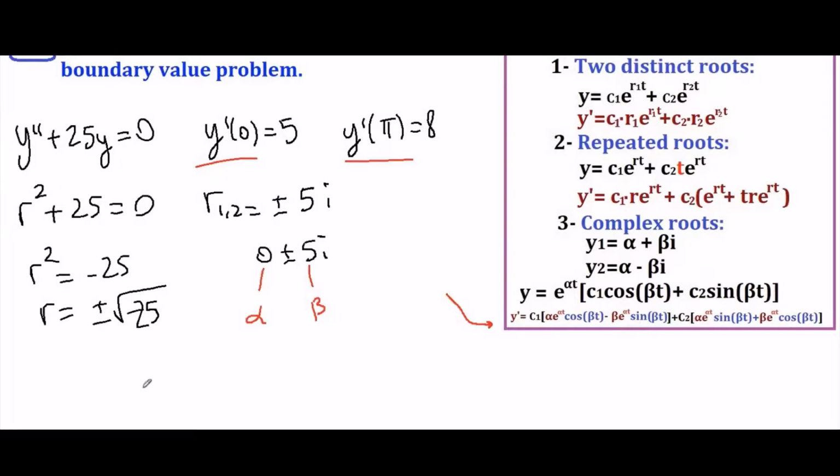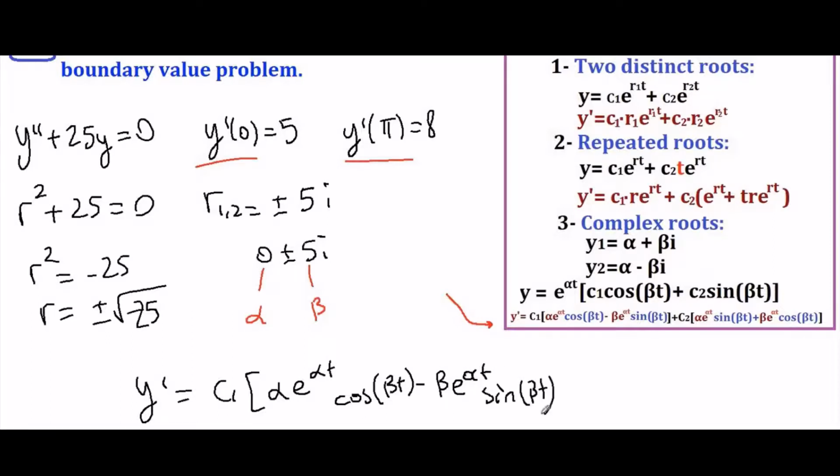Our y prime function is y prime equals c1 times alpha e to the alpha t times cosine of beta t minus beta e to the alpha t sine of beta t, plus c2 alpha e to the alpha t sine of beta t plus beta e to the alpha t cosine of beta t.